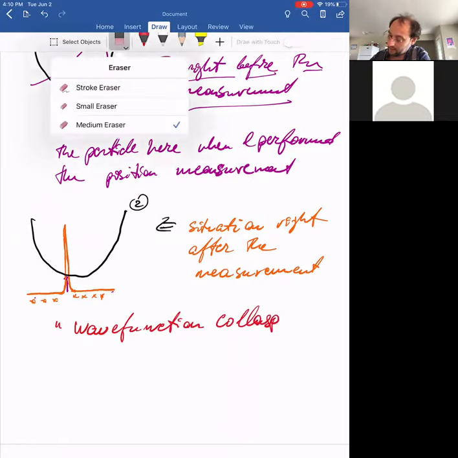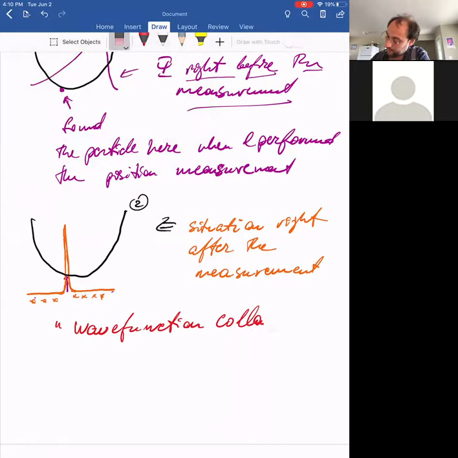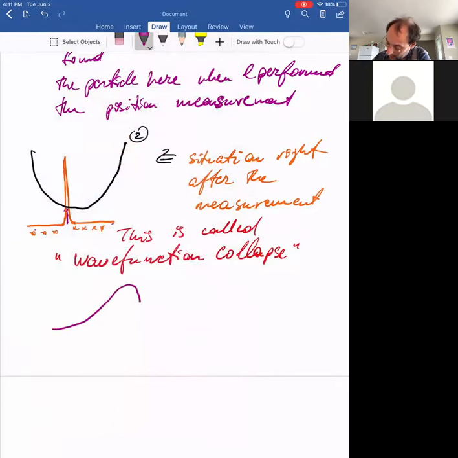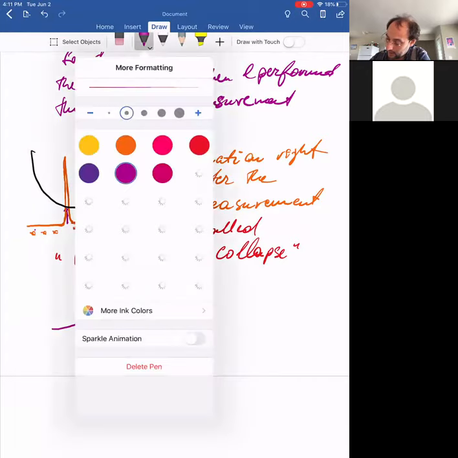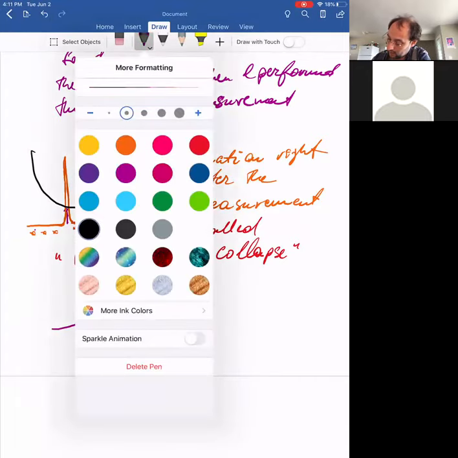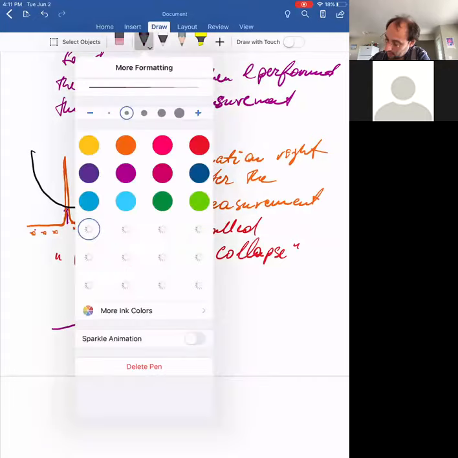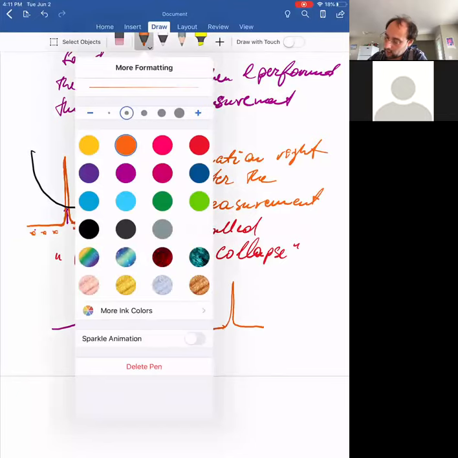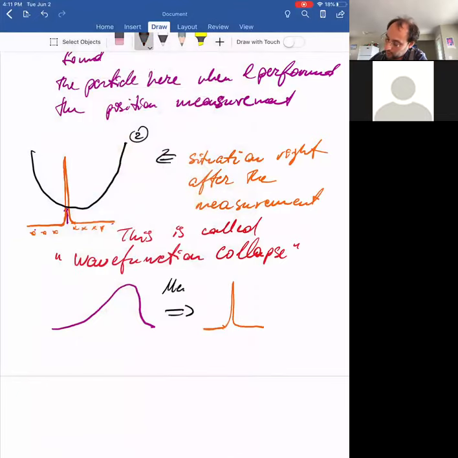It went from being this to being this upon a measurement, and what collapsed the wave function is measurement.